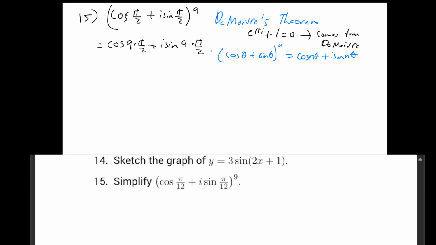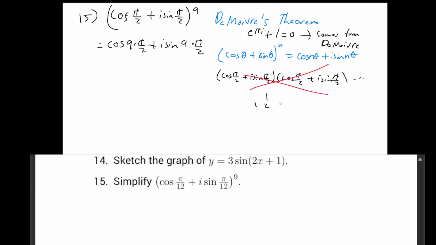Isn't that much easier than actually foiling out cosine of, let me write this here because it's just funny, cosine of pi over 2 plus i sine of pi over 2 times cosine of pi over 2 plus i sine of pi over 2, dot dot dot. Isn't that funny? Now, again, Pascal's triangle, right?